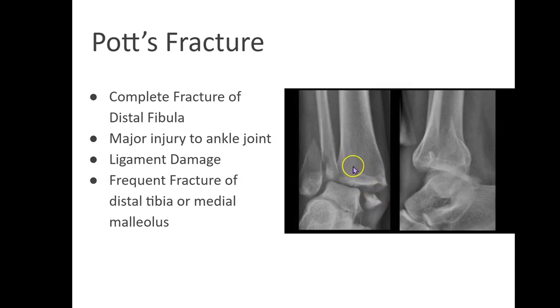And then notice how the tibia is so displaced off of the talus. That is a result of a ligament injury. So this is a pretty bad soft tissue injury. Okay, so Pott's is distal fibula, injury to the ankle joint itself, and then possibly a medial malleoli fracture as well.